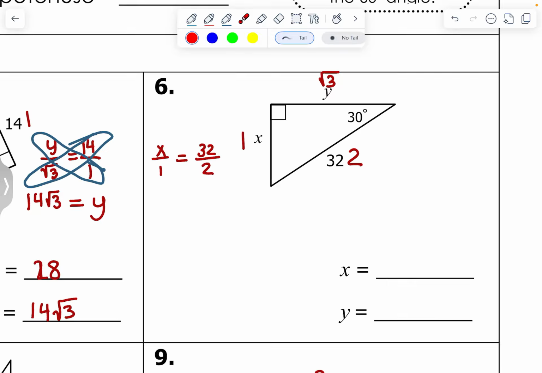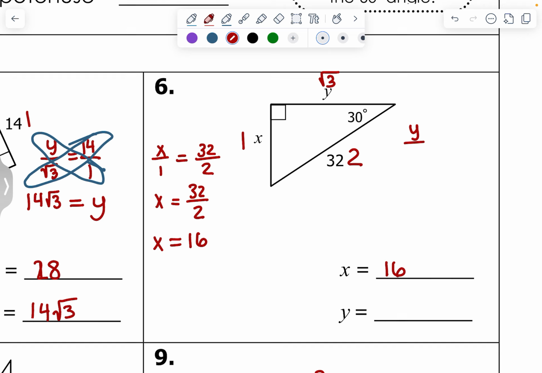And something that I need you to see right now is that x is already by itself. X equals 32 over 2. And we don't have to leave that as a fraction because 32 divided by 2 is what number? Yep, 32 divided by 2 is 16. So x equals 16.